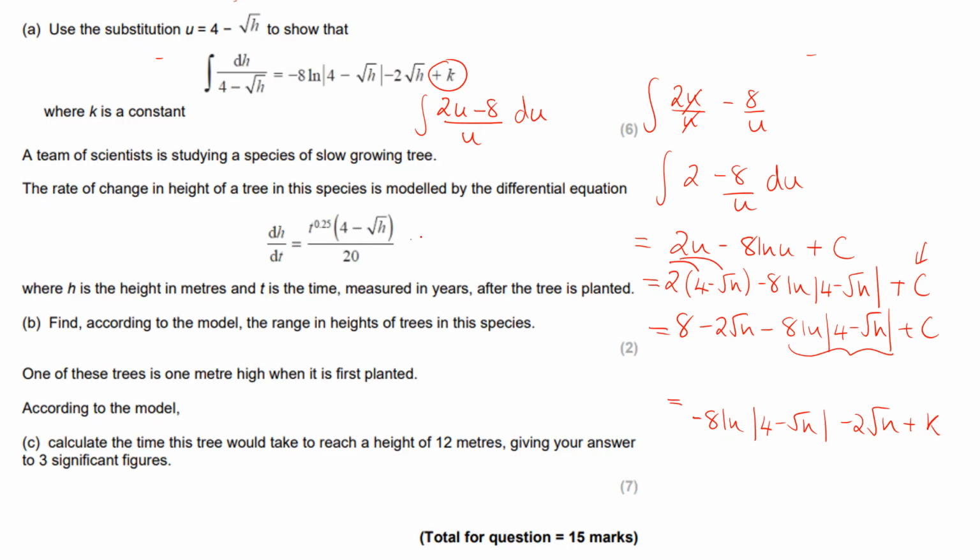So if we equate that to 0, that's going to give us a turning point, because this model is going to predict that we might have a turning point and therefore the tree's not going to grow anymore. So to find the range of the height of the tree, we can look at this dh by dt. We know that the trees are going to start with height 0, and then we can have a look at what this is going to do.